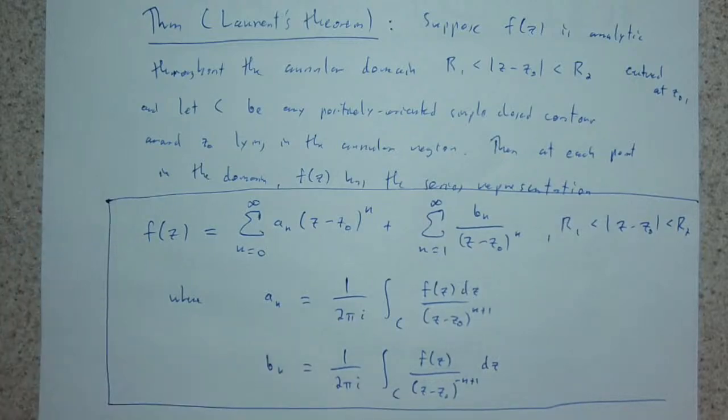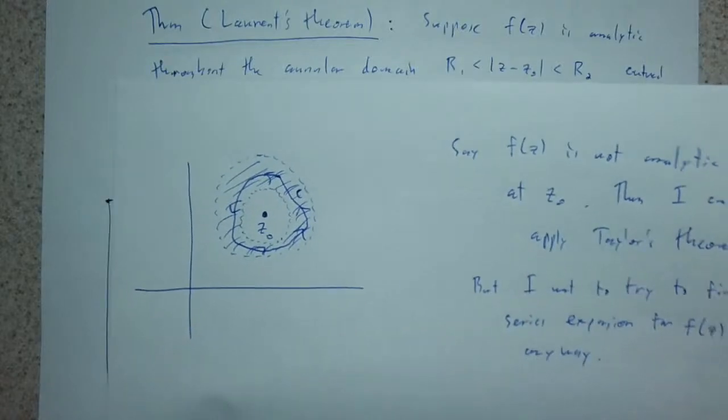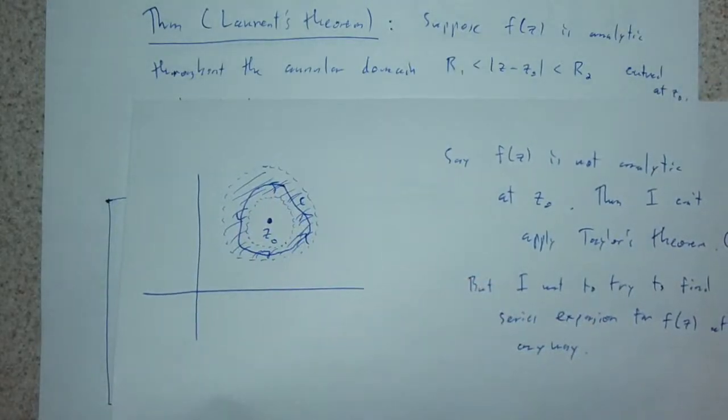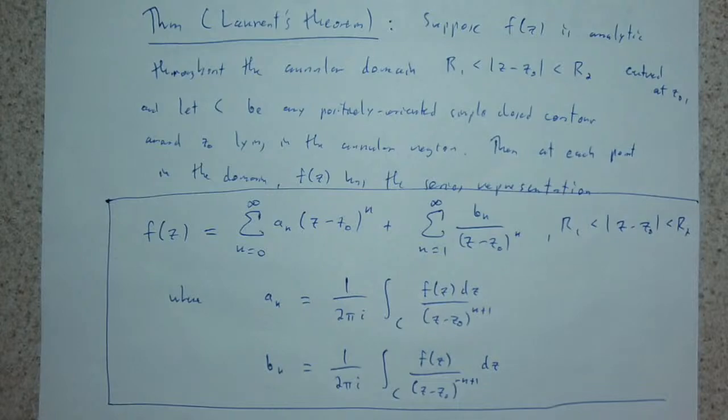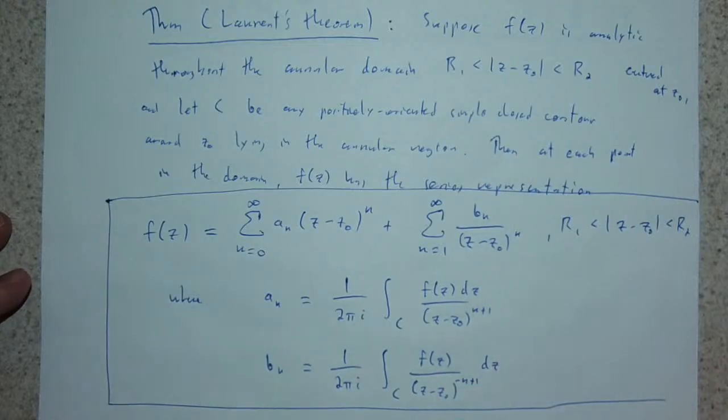Okay, so just to flash this picture on the screen for you real quick. There's what it looks like. At each point in this domain, the purpose of this setup is to say that where we talked about the existence of a Taylor series for an analytic function on an open disk, now we're talking about an expansion that is not quite a Taylor series, or not quite a power series.